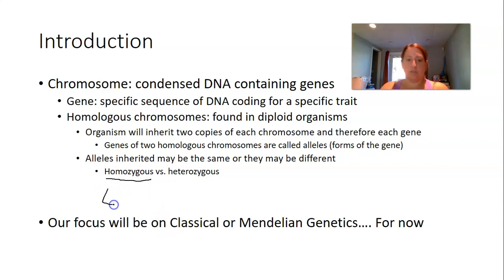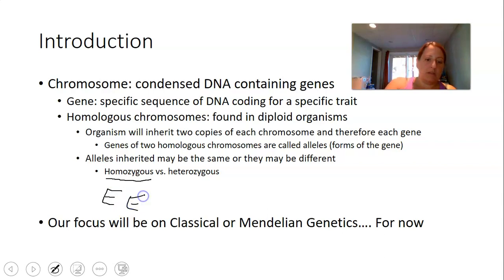Big E, it's hard to write on the computer. Let me use my finger. Big E, big E, that's going to be homozygous dominant. If both of your parents gave you the recessive allele, the allele that codes for blue eyes, you would be little e, little e. We would say that you are homozygous recessive.